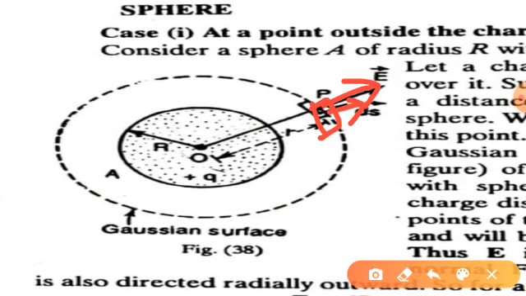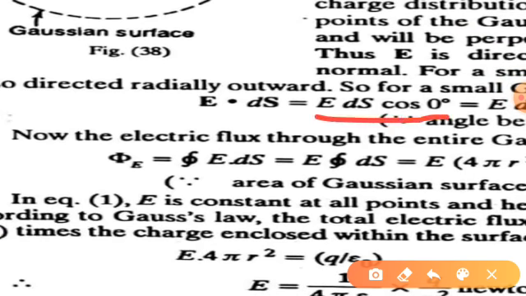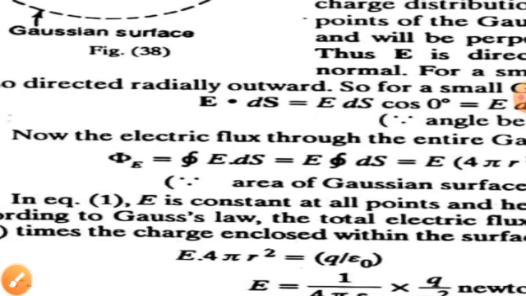So integral E bar dot ds bar is equal to integral E ds cos theta, where theta is angle between E and ds, which is 0. So phi E is equal to integral E bar dot ds bar, that is E ds. Why? Cos 0 is 1.